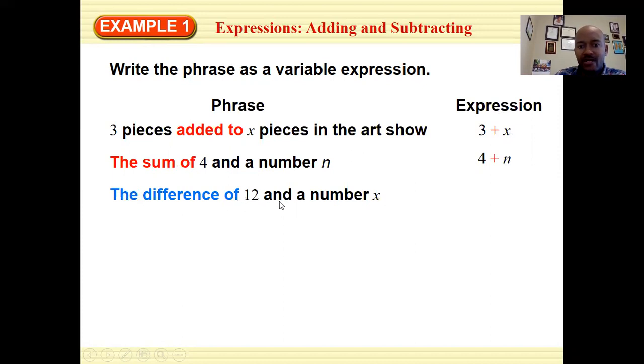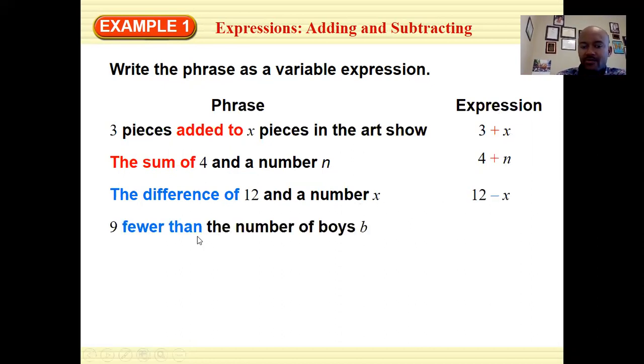Difference, the difference of 12 and a number x. So once again, you have to understand what these words actually mean. Difference means to subtract, so you're going to have 12 minus x. Fewer than, what does it suggest? Addition or subtraction?